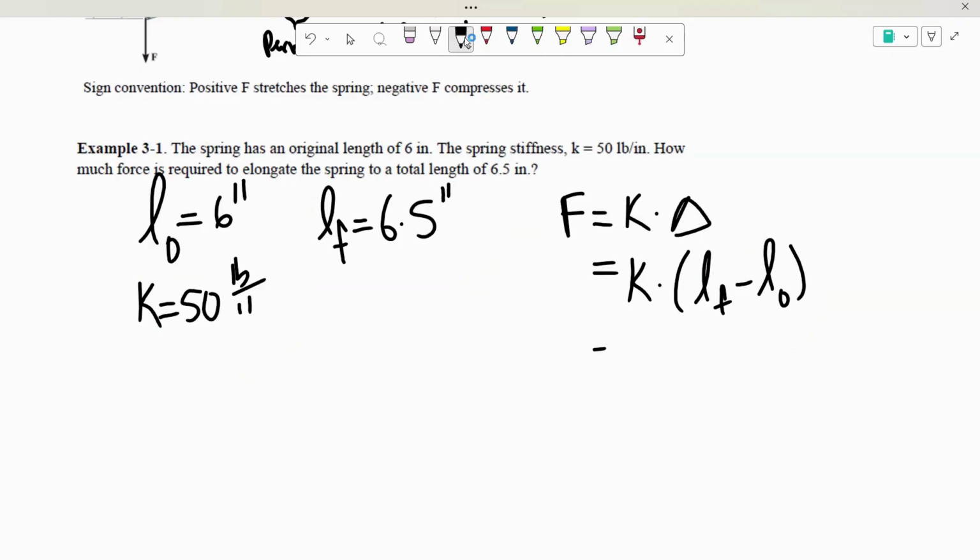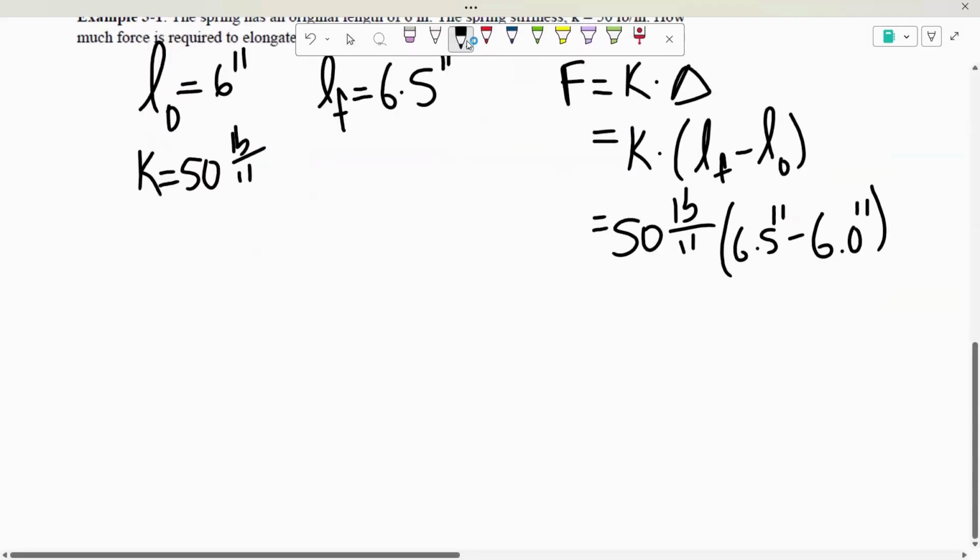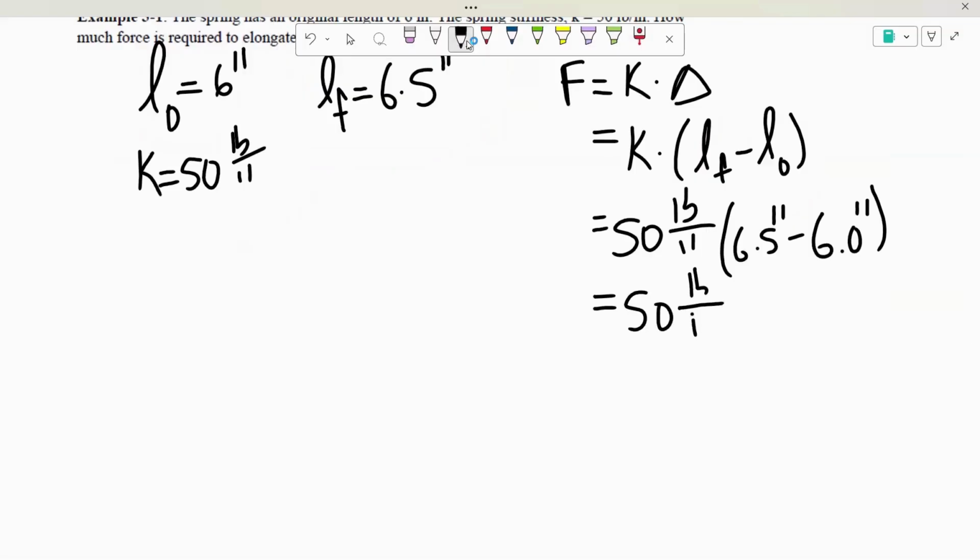So we have 50 pounds per inch, and we have 6.5 inches minus 6 inches. From here, we have 50 pounds per inch times 0.5 inches.